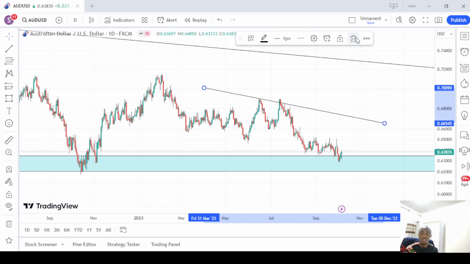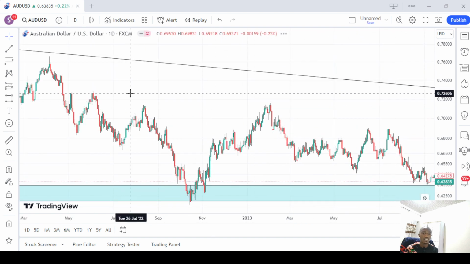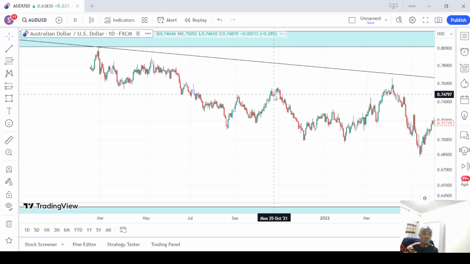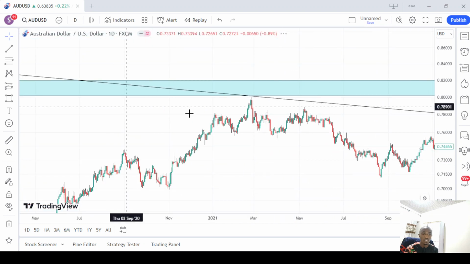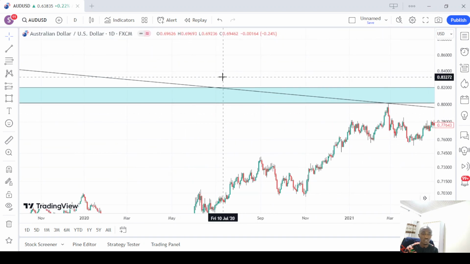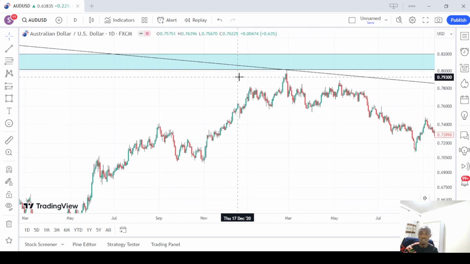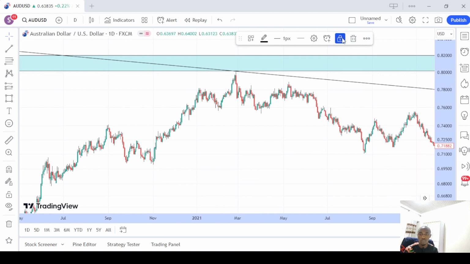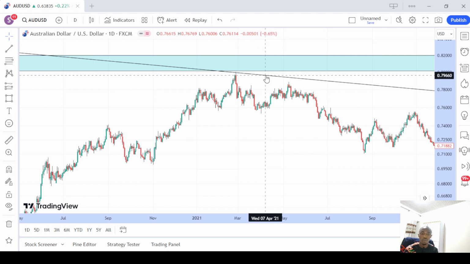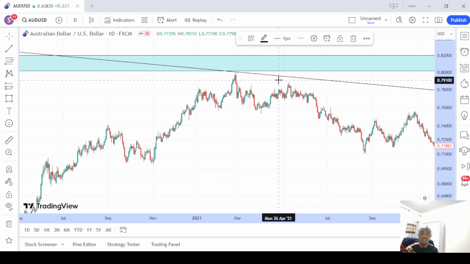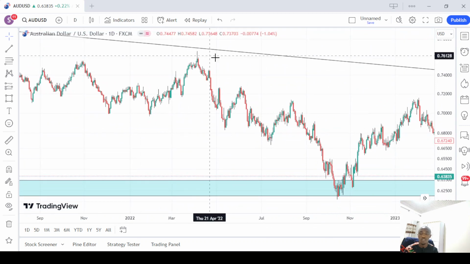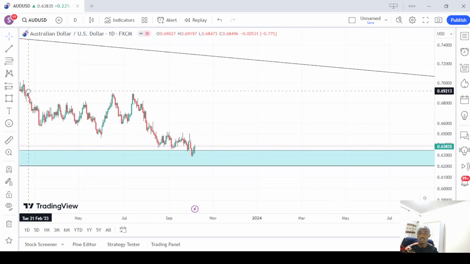Let me ensure that this trend line is well placed.